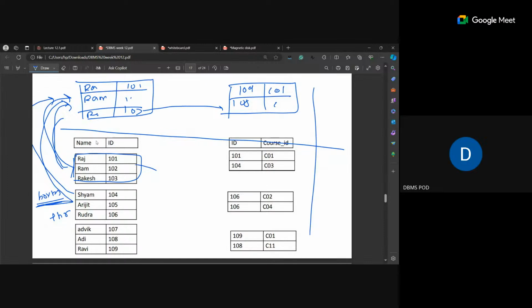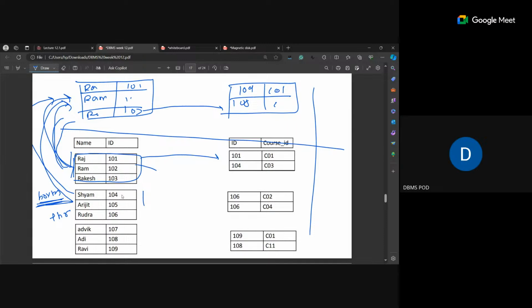After a block moves, how many block transfers are required? The number of blocks in the inner relation, that is BR into BS. I'm moving this and then checking all the things. Then after that, again this block has to move, so again BR is required.